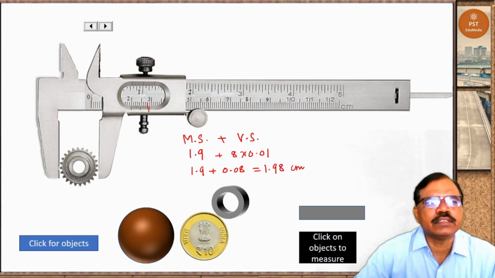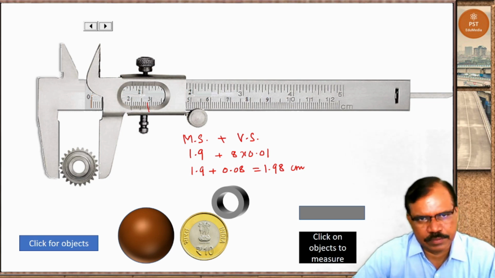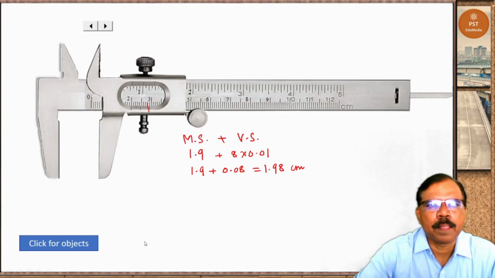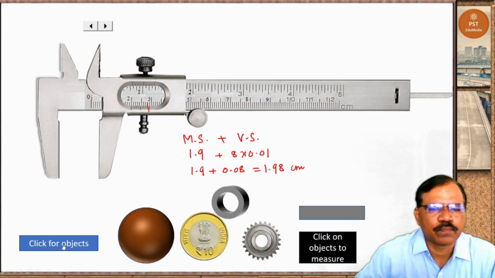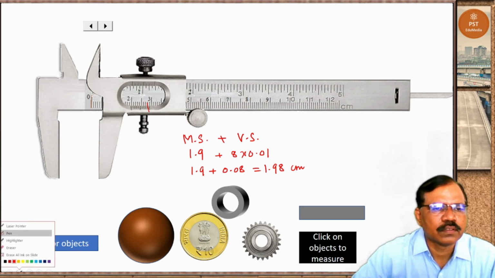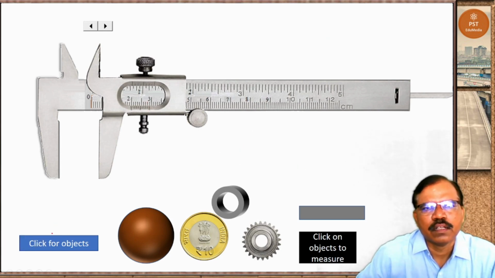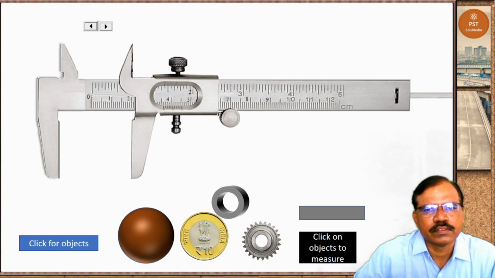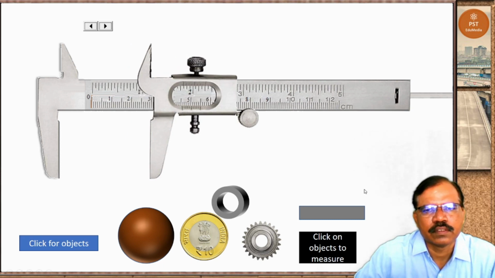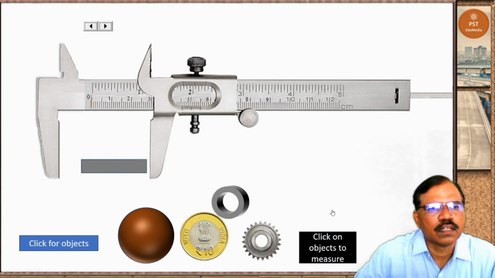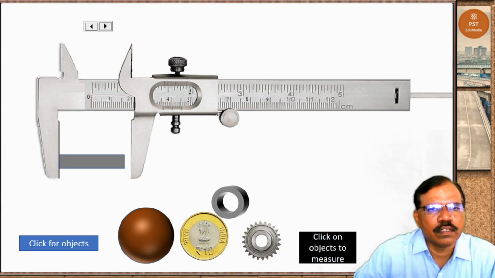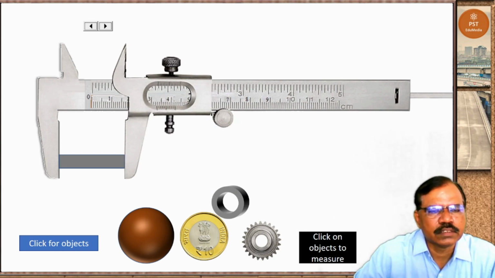This is diameter of this gear. Now let us take another object. So move this, and take this. We'll measure length of this rectangular block.